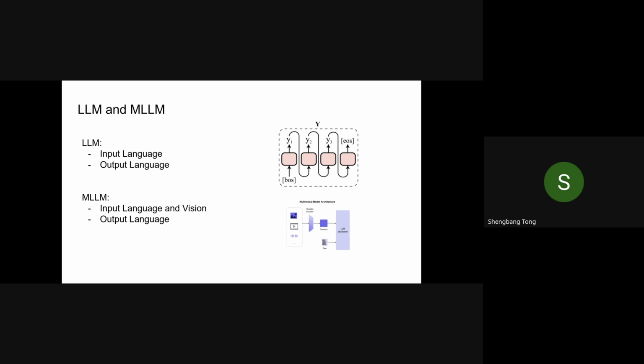It inputs language and vision, and sometimes more, like audio or video. Usually it goes through a modality connector, connected by either directly appending to the LLM or cross attention. But what's very important is that at the end of this, it still outputs language as its backbone.